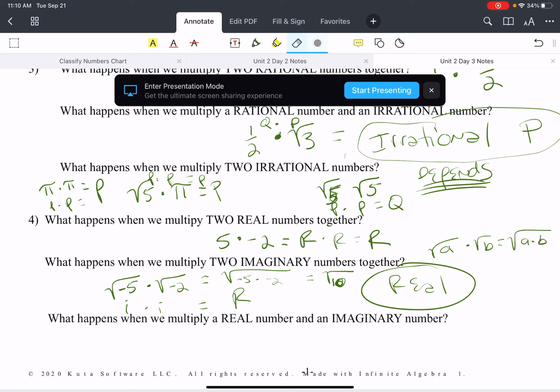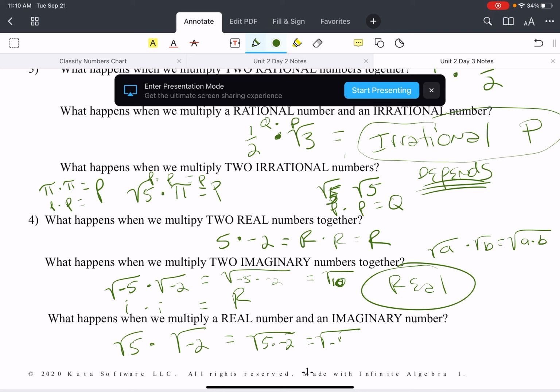Okay, but what if I have a real number, so that's a positive square root, times an imaginary number, so a negative square root. When I multiply those together, 5 times negative 2, is that equal the square root of 10 or the square root of negative 10?